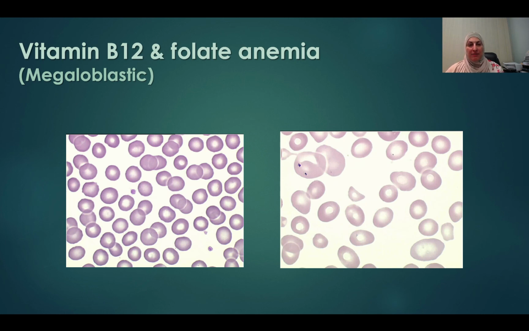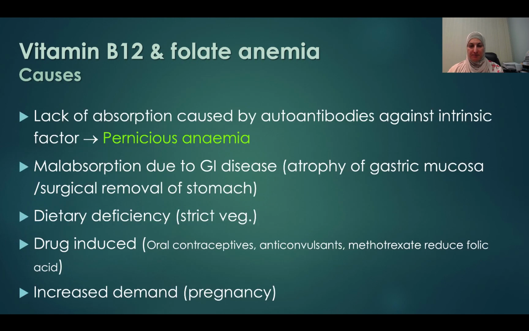The other type of anemia, which is related to vitamin B12 and folic acid deficiency, the blood cells will appear larger in size, and this is why it's called megaloblastic anemia. In most cases of vitamin B12 and folic acid anemia, the reason is a problem in absorption rather than the intake of these supplements. And the problem of absorption is related to lack of the intrinsic factor that is needed to absorb these substances.